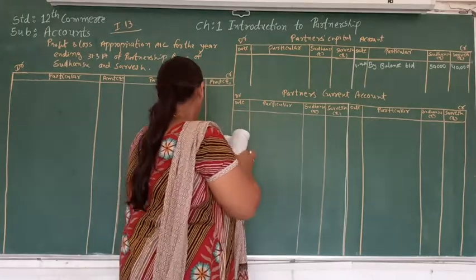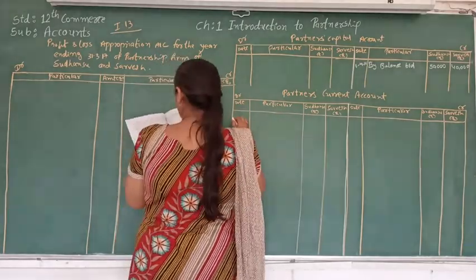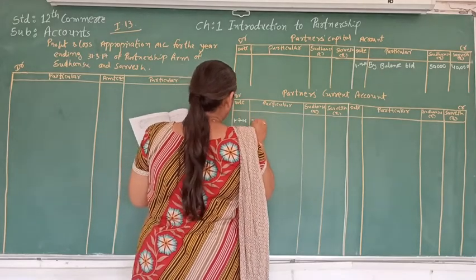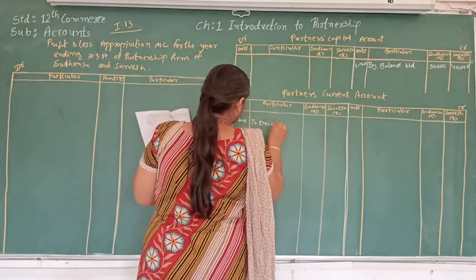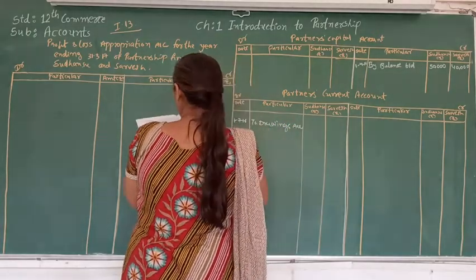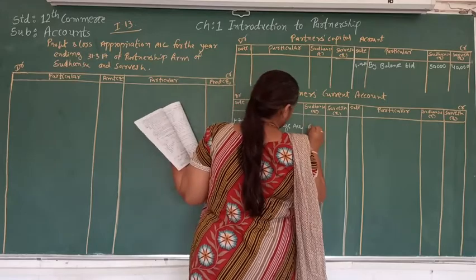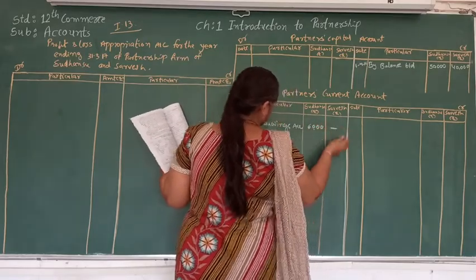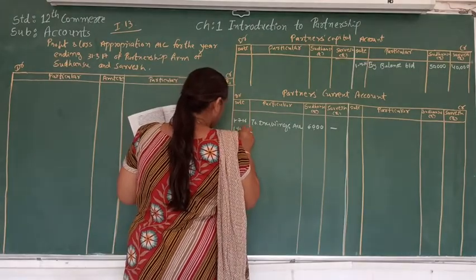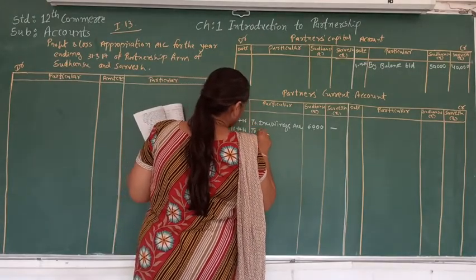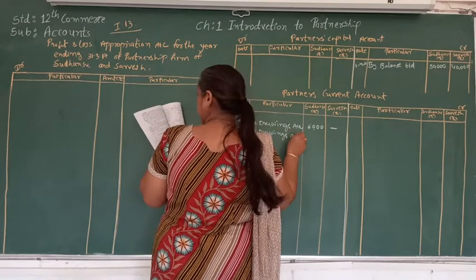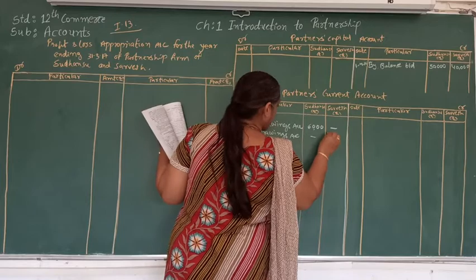We will write that later on. Leave it here. Then the drawing will be on 1/7/16 to drawing account. So here Sudhanshu has withdrawn 6,000 and Sarvesh has withdrawn on 1/10/16 to drawing account, and that will be 4,000.